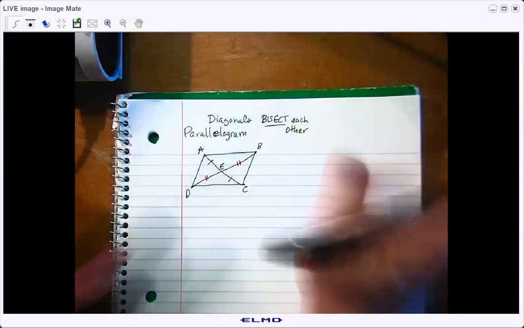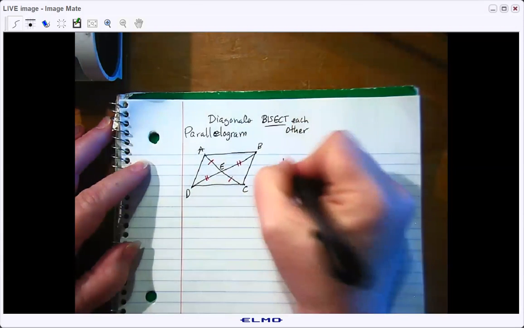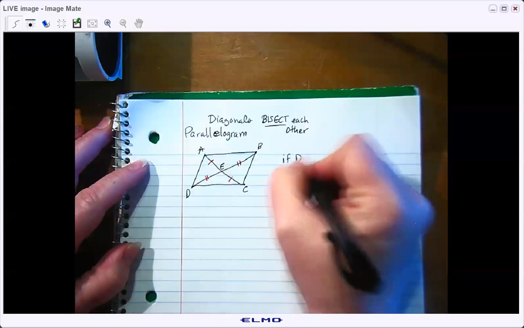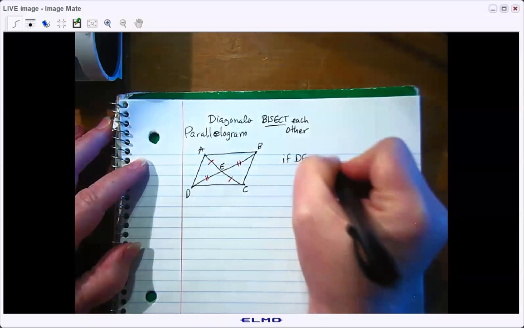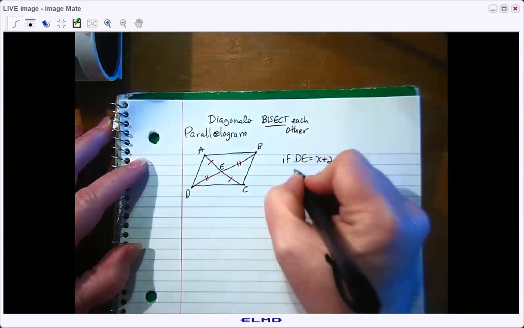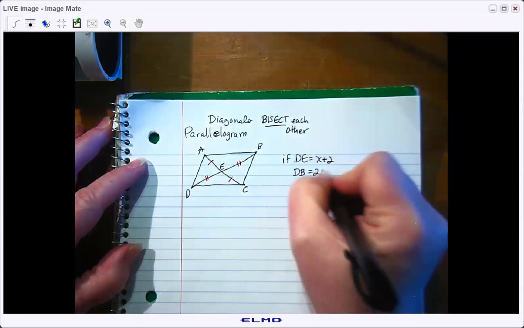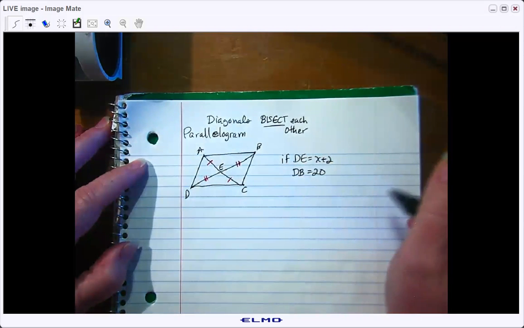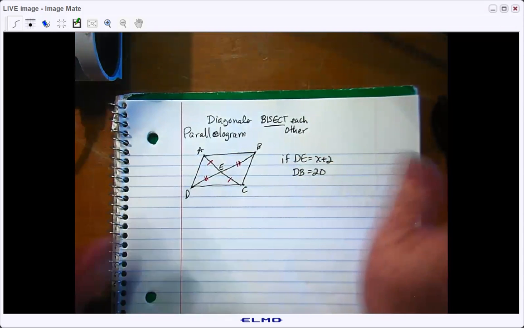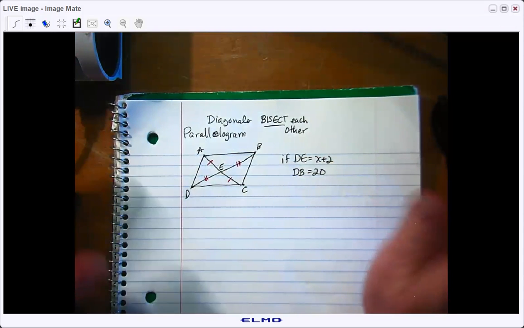So you're going to have one of each of these types of problems. So if DE is equal to X plus 2 and DB equals 20, we need to solve for X. Okay, well, this might get really cluttered for some of you who are very visual people.